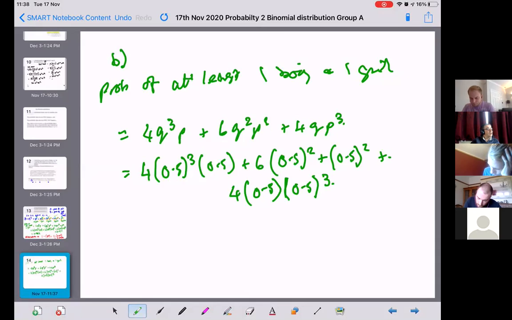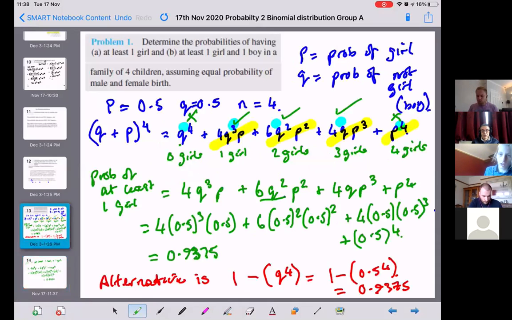And then you do that, you should get 0.8750. Equally, you could do 1 minus the outside 2.